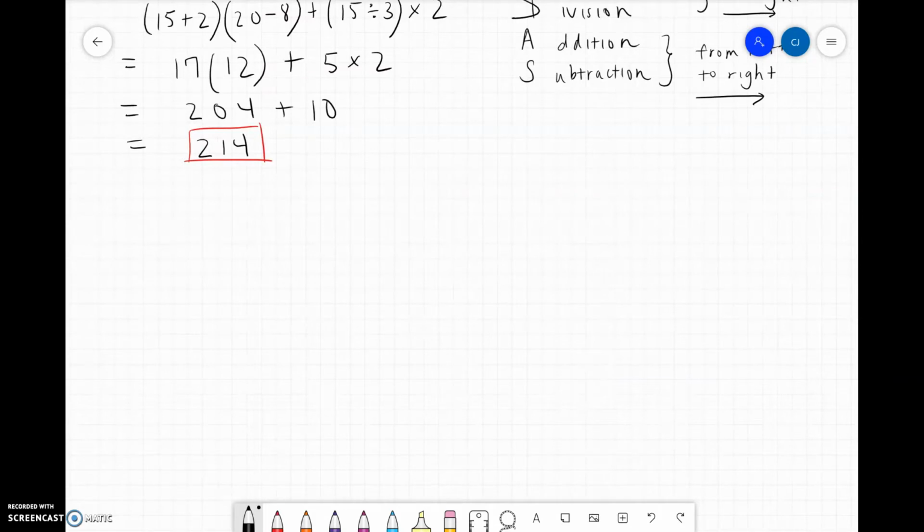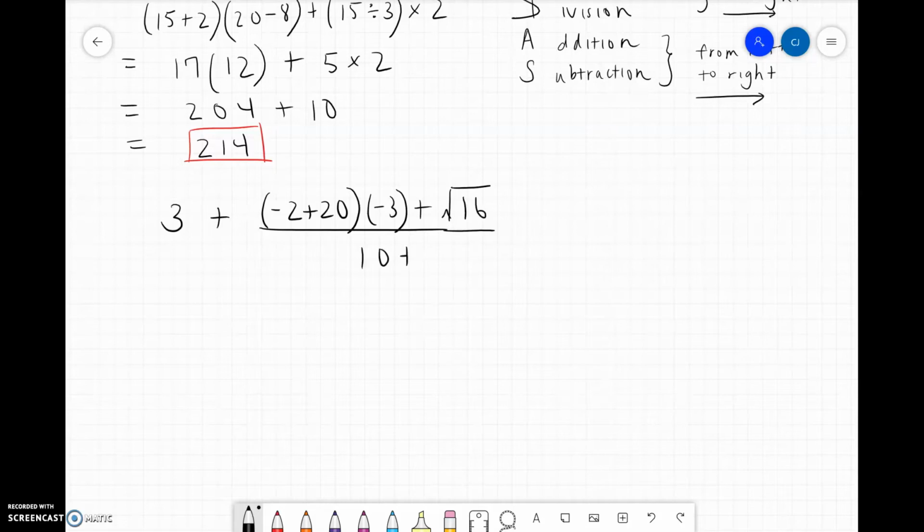Let's see. I want to do 3 plus, and we've got a fraction here. In the numerator, we have negative 2 plus 20 in parentheses times negative 3 plus the square root of 16 all over 10 plus 2.